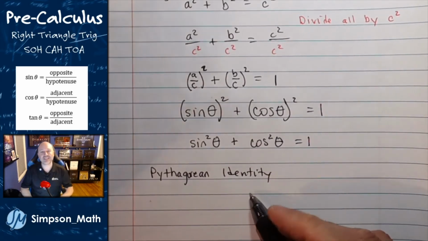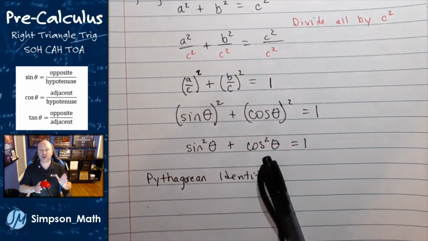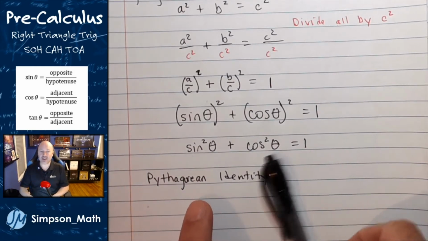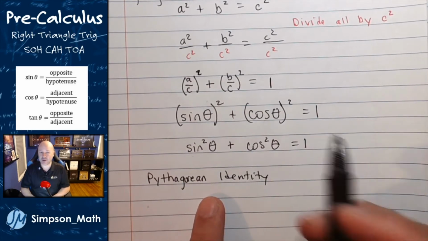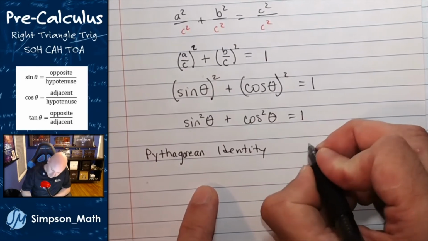Oh yeah, didn't I just mention now maybe a good time to start up, separate from the notes, some sort of identity list, like a cheat sheet? Because we just added 6 cofunction, now I'm going to add some Pythagoreans as well. So we call this the Pythagorean identity.